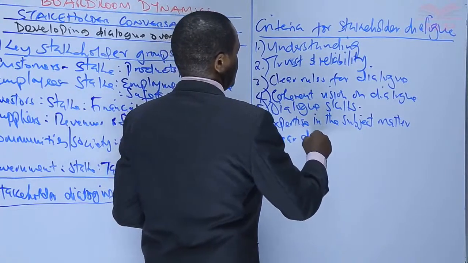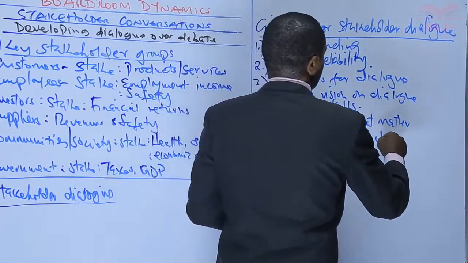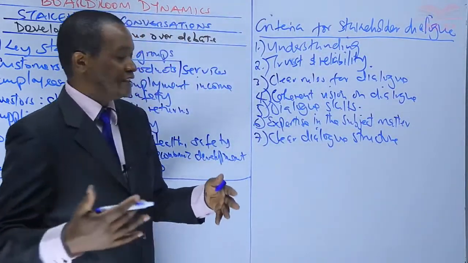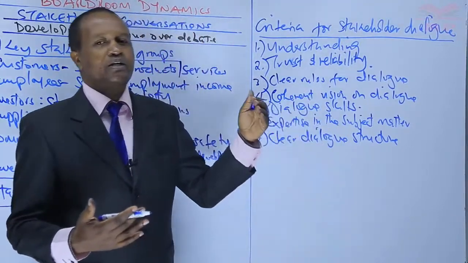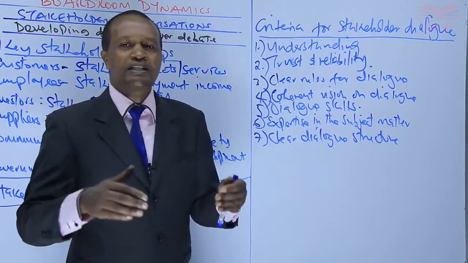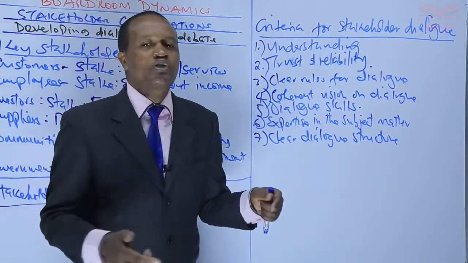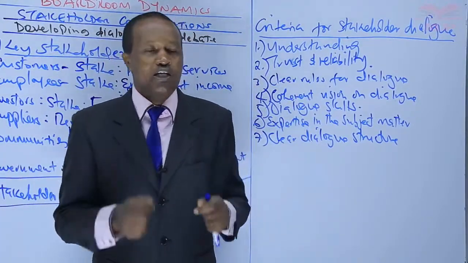7, clear dialogue structure. Now, to promote a good dialogue, it is desirable that the parties have clear and explicit expectations about the possibilities and limitations of the dialogue.